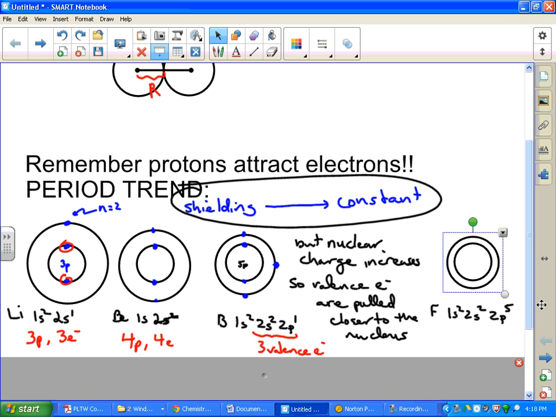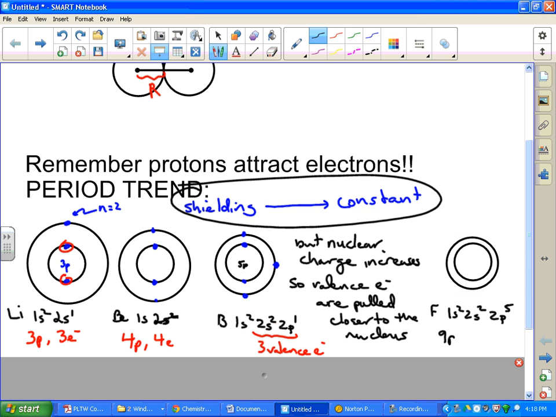Because now you have 9 protons, but the shielding is roughly the same from those 2 inner core electrons, and so those 7 valence electrons are really going to experience a stronger attractive force.